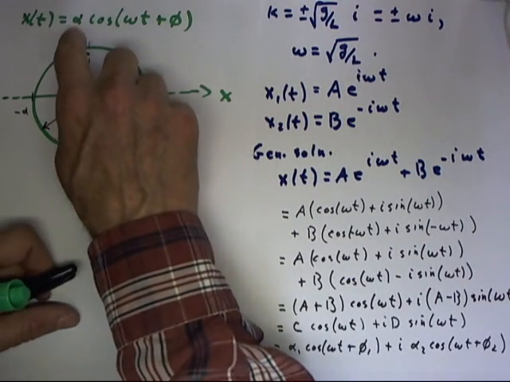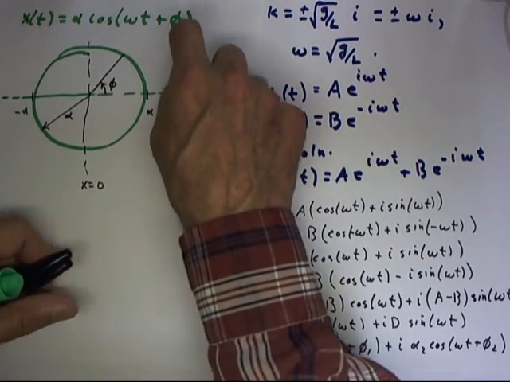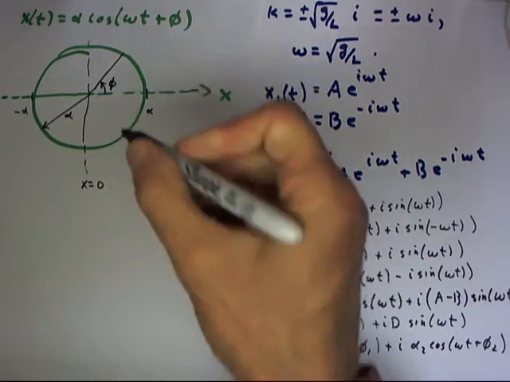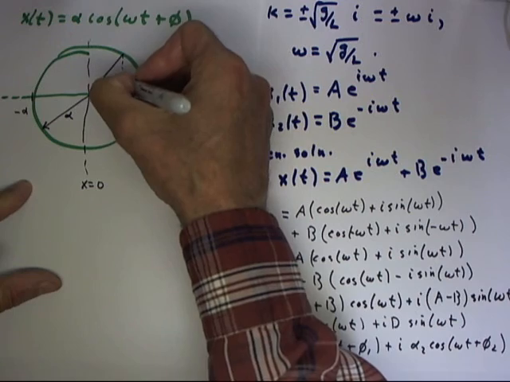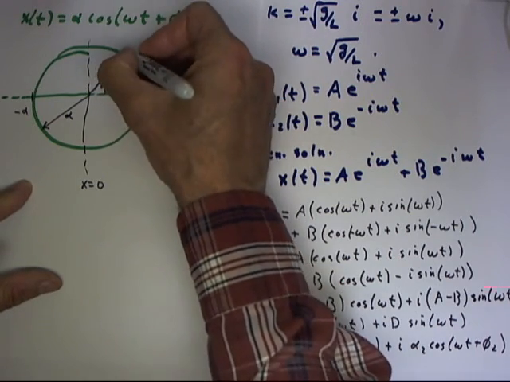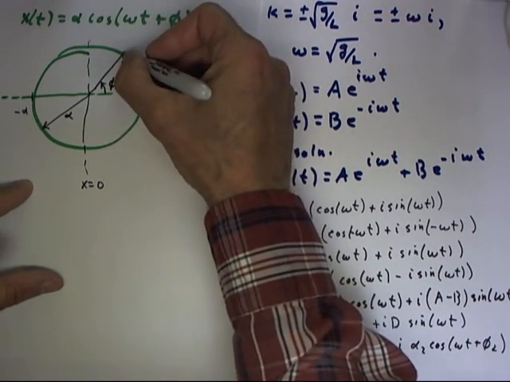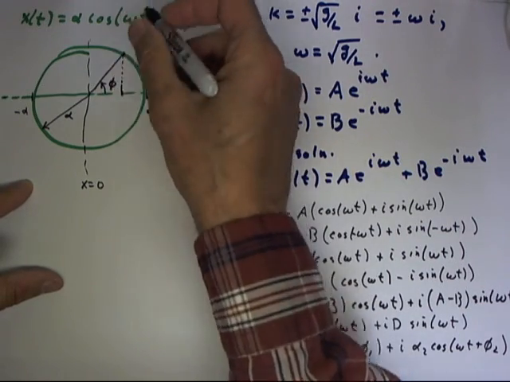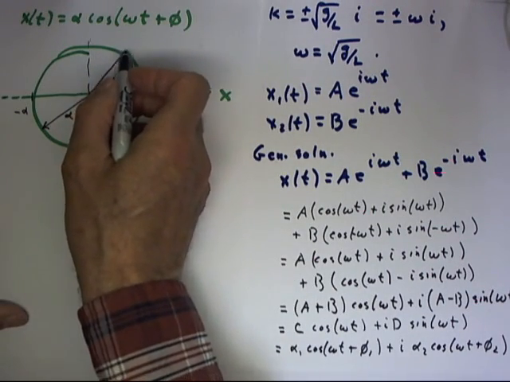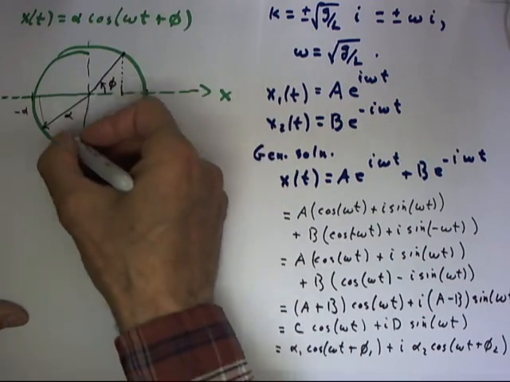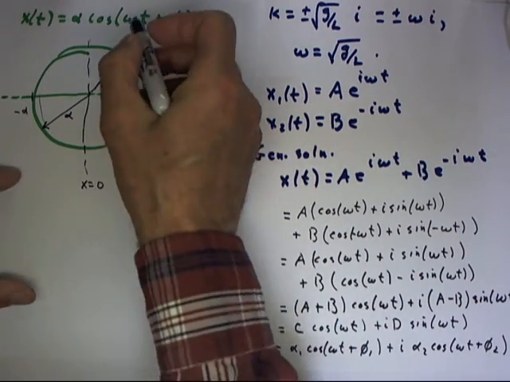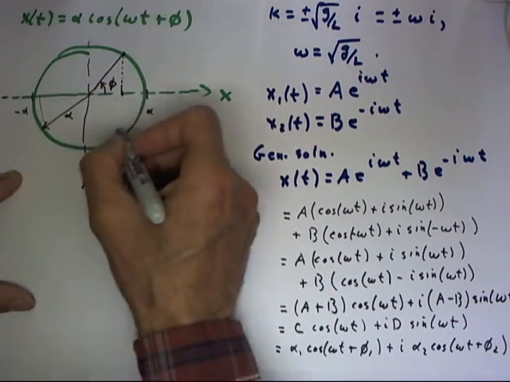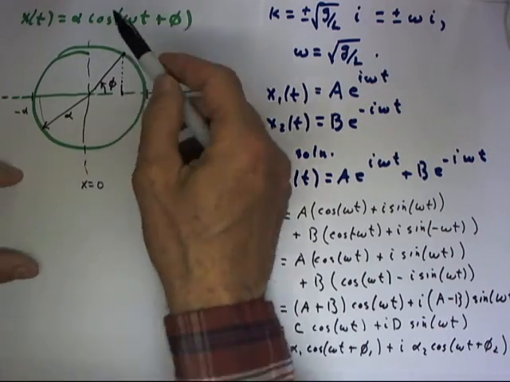Then we can interpret the function alpha cosine of omega t plus phi as the x component of a point that starts here on the reference circle and moves with angular velocity omega about that circle. It's clear that if omega is positive, we'll be moving counterclockwise around the circle.